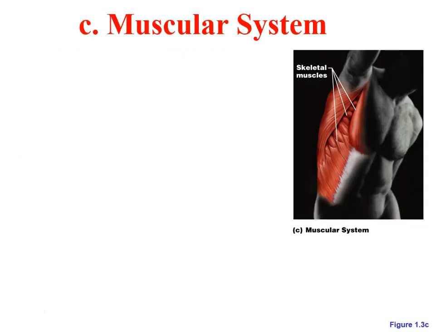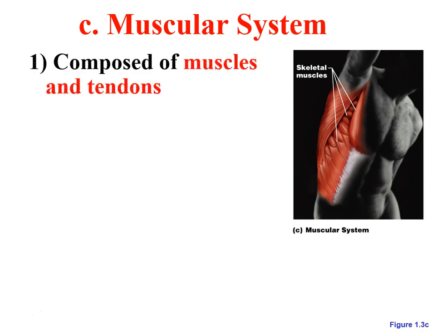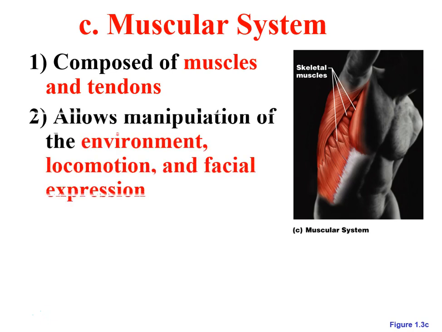The third system we'll cover in Anatomy 1 is the muscular system, and we'll spend most of our time talking about skeletal muscles, although there are three types of muscles in the human body: smooth muscle found in hollow organs, cardiac muscle found in the heart, and skeletal muscles that generally attach to bone. So the muscular system is composed of muscles and tendons. Tendons are what secure muscle to bone.